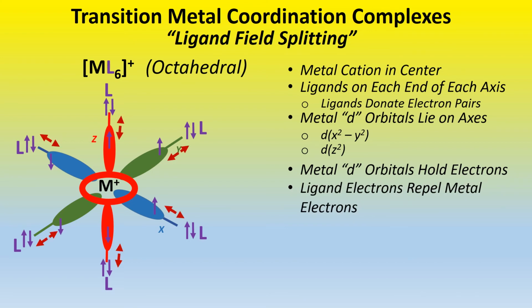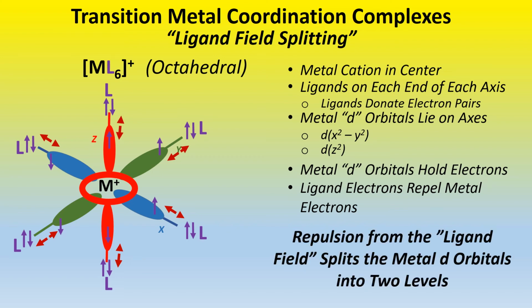The ligand electrons will repel the metal electrons. However, since there's no physical place for these electrons to go, the repulsion from what is called this ligand field winds up splitting the metal d orbitals into 2 levels.